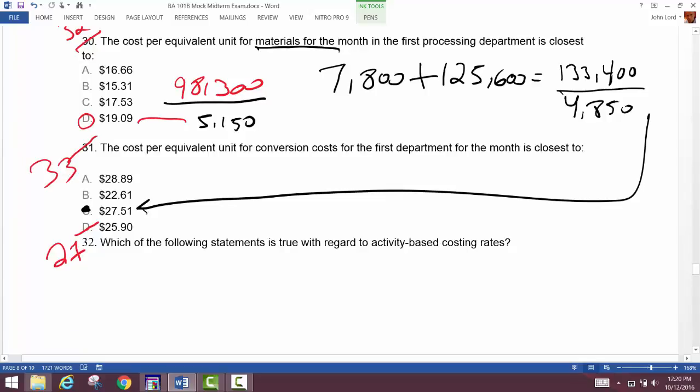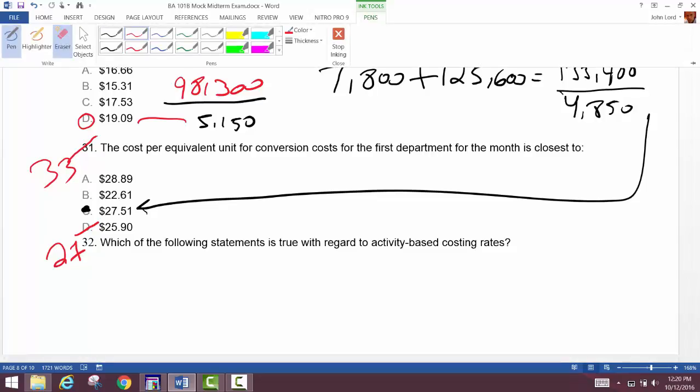I have no idea why I wrote 27 here, or I guess I wrote it, but I don't remember doing that.